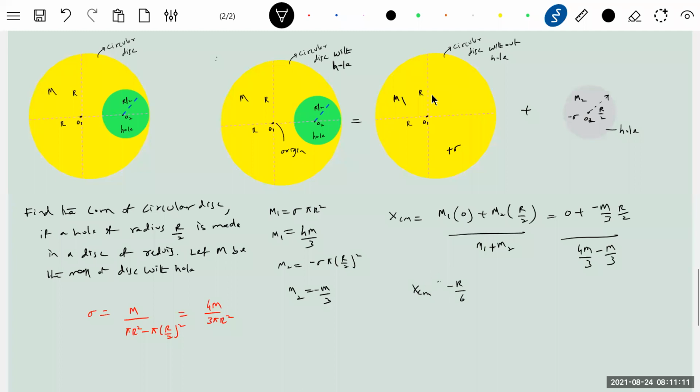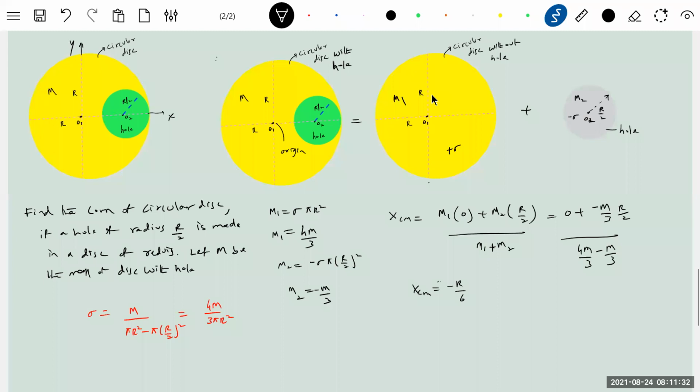I'll get minus r by 6. What do you mean by minus r by 6? It should be on the left hand side, because I defined this as x equals 0. So XCM, I'm getting minus r by 6.